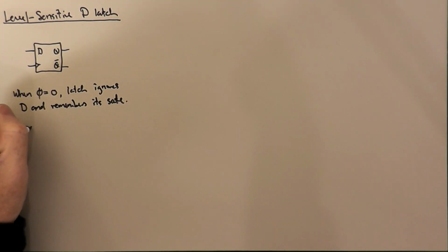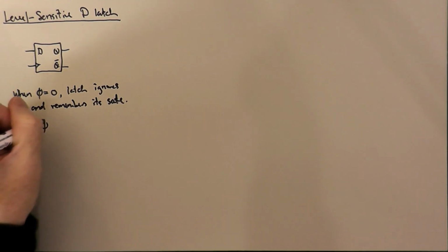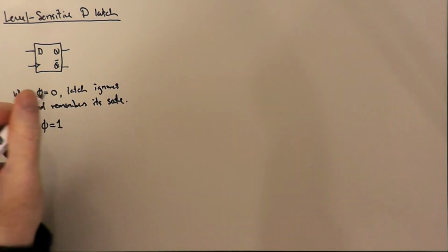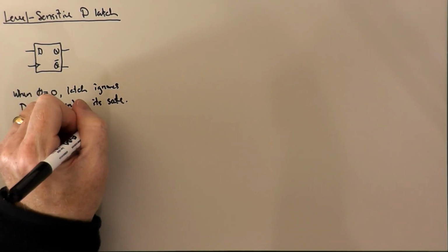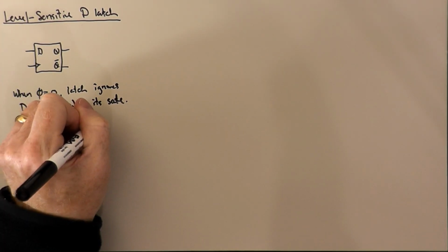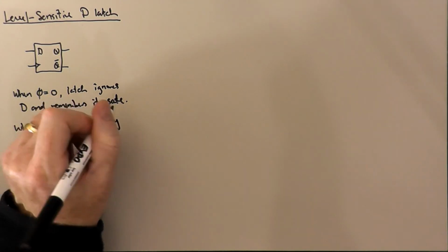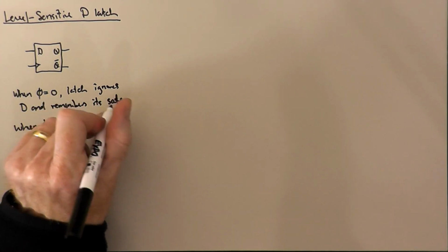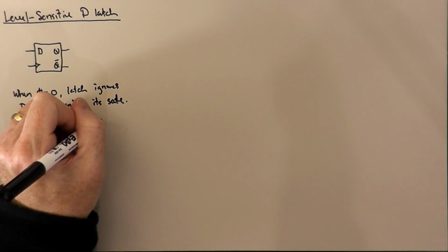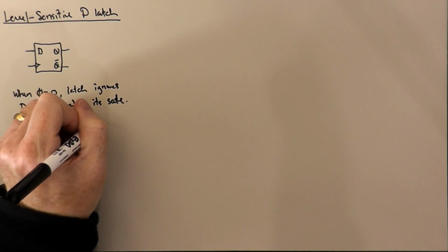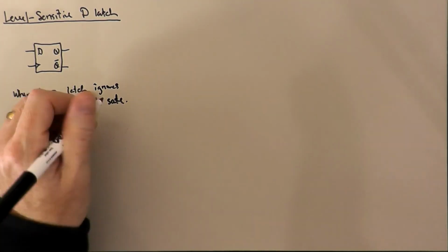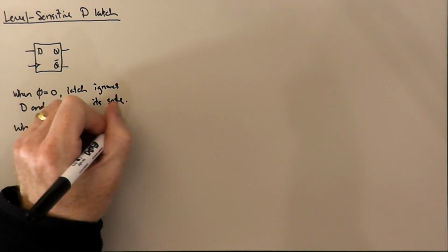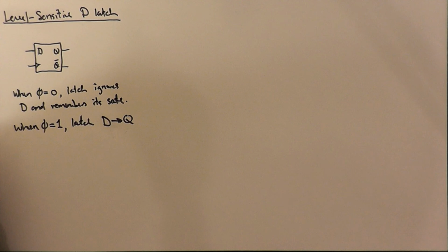When phi goes high, when phi is equal to 1, the latch copies D to Q. D becomes Q with some slight delay.